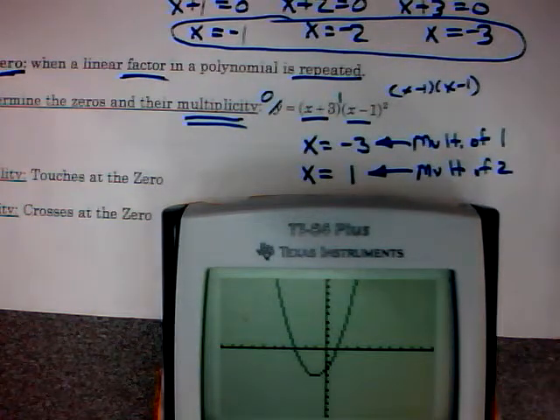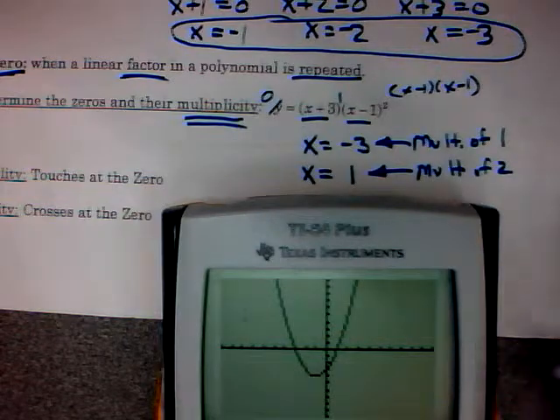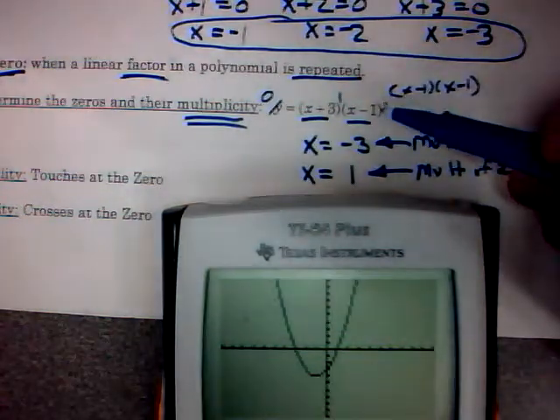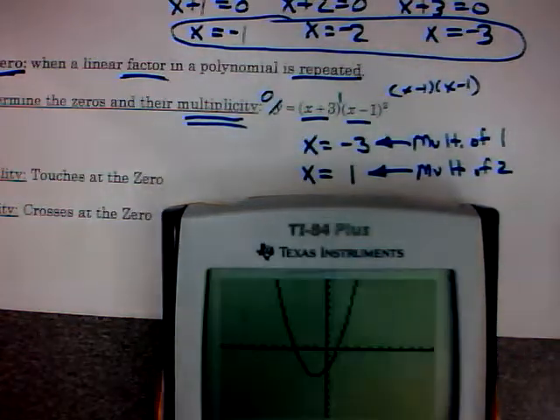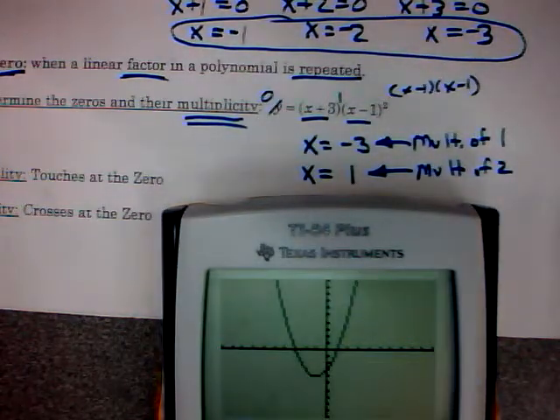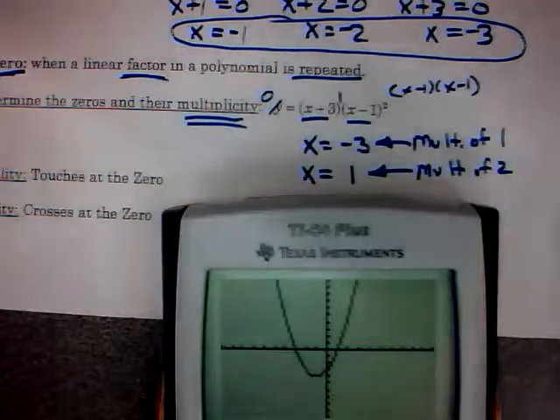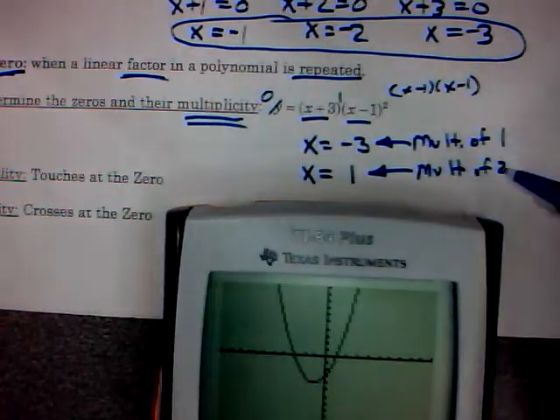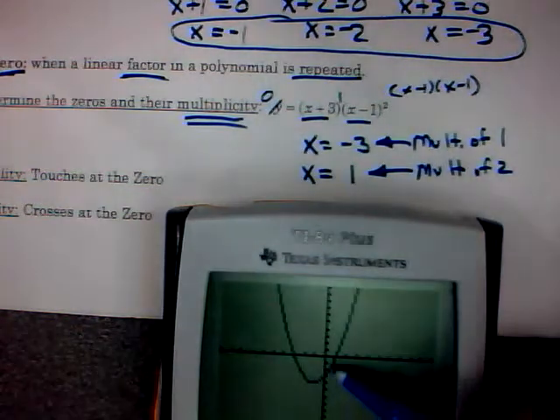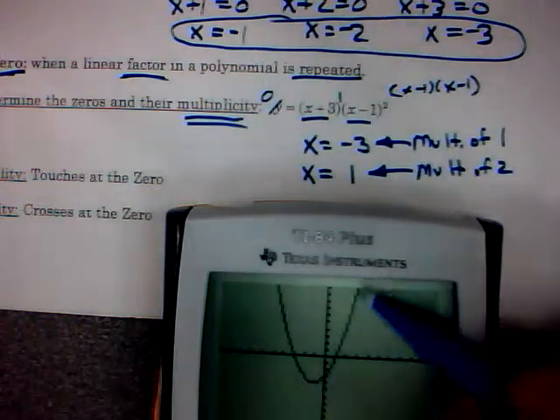But here, what happened was the powers changed. If this only occurs once, then I have an x occurring once here and an x occurring once there, which gets me an x squared overall for the whole polynomial. But you'll notice here that this factor now only occurred once. And see how this now crosses through here?